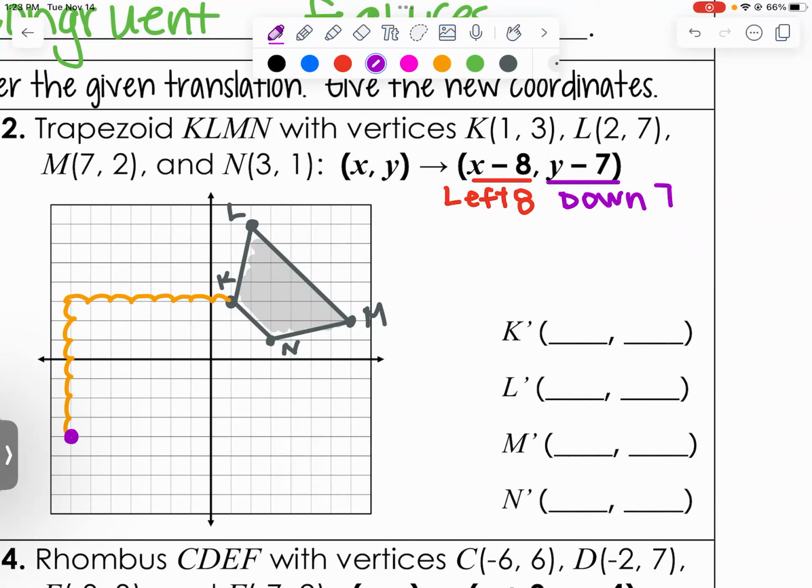And there is our new L prime. How should we go? Left 8, down 7. Now, what I have in orange, you don't have to do, but do it if it helps you.